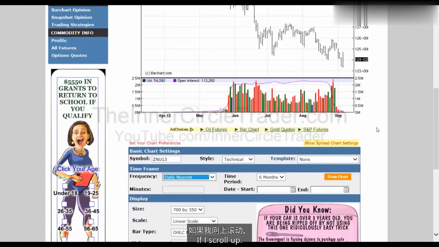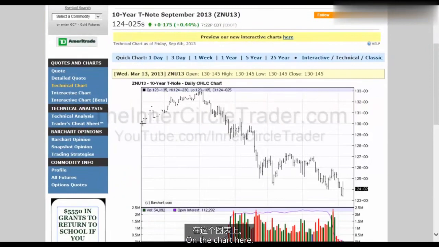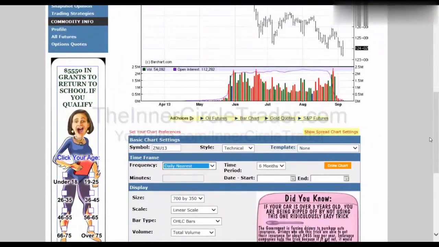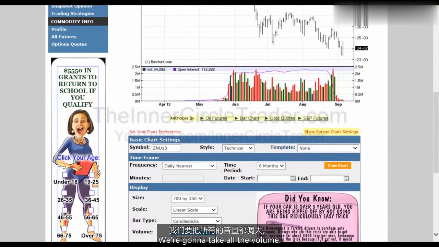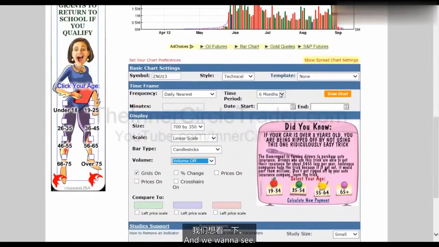As you can see here, if I scroll up, you'll see these little spots on the chart. You'll see an absence of that by using that type of chart. And we're going to go to a candlestick. We're going to take all the volume off. It's not essential here. Okay, and we want to see at least a year's worth. And we're going to click draw.